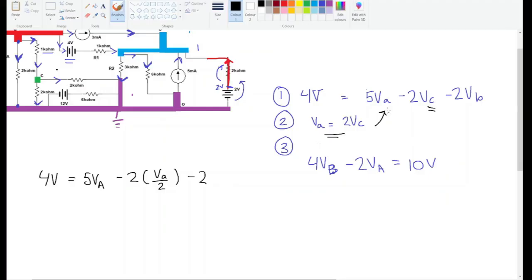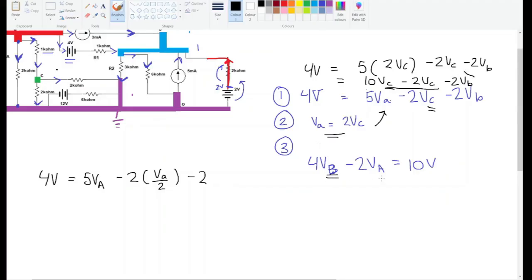If I had put in VC, then VA turns into 2VC, and I get 10VC minus 2VC minus 2VB. Now this equation has VC's and a VB, and the other equation has VB and VA. So technically you still have three unknowns in your system of equations, VC, VB, and VA.